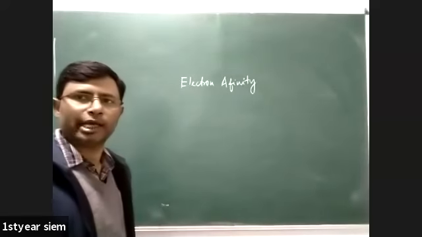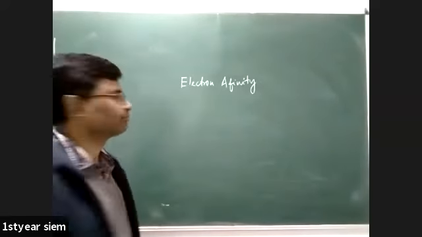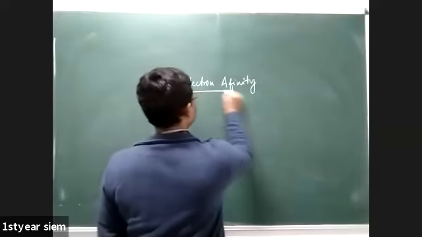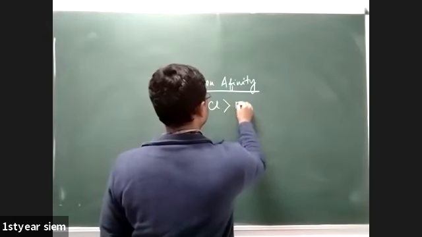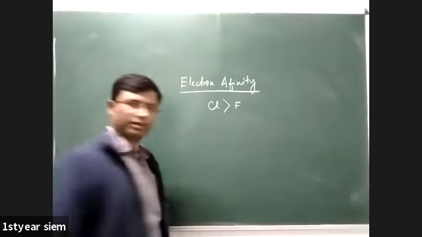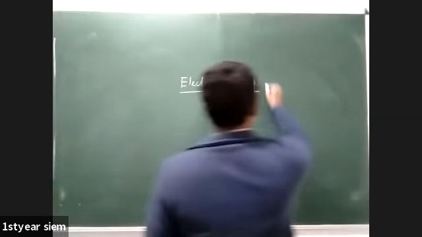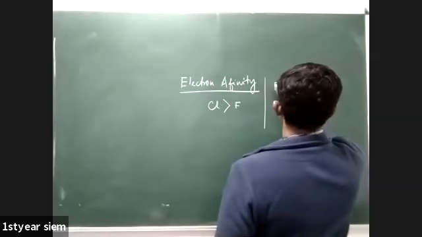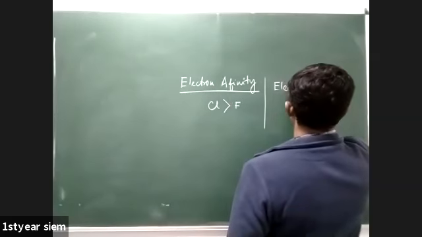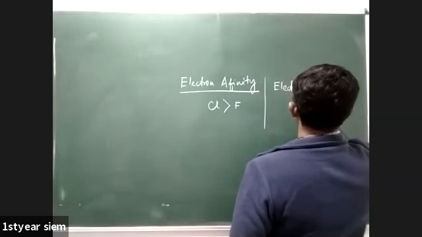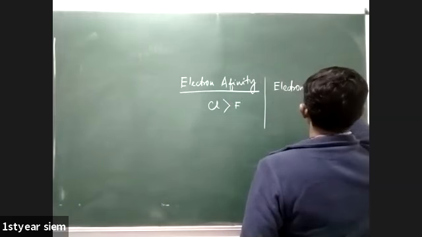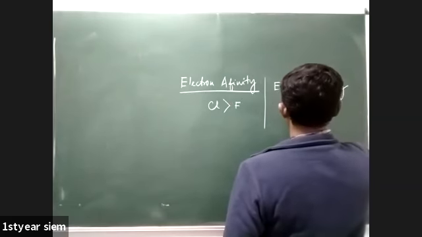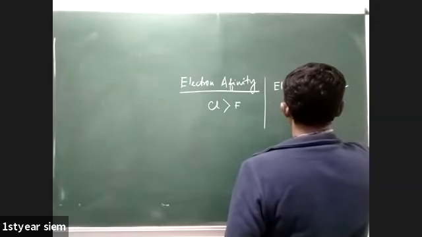Electron affinity of chlorine is greater than fluorine, whereas the electronegativity of fluorine is greater than chlorine.